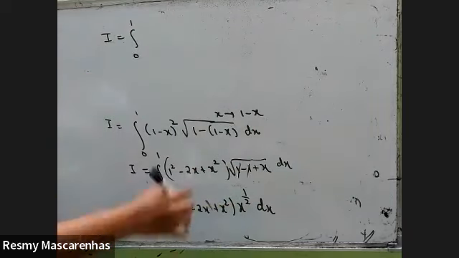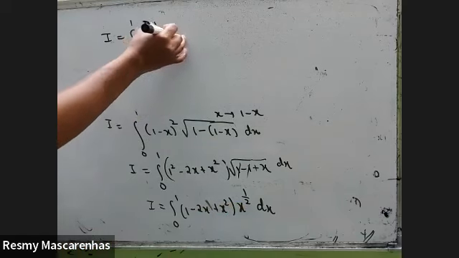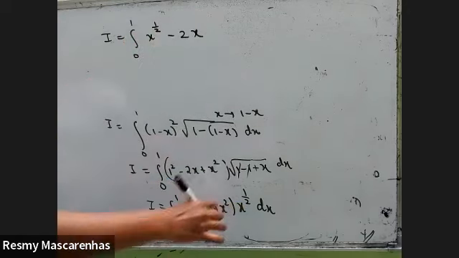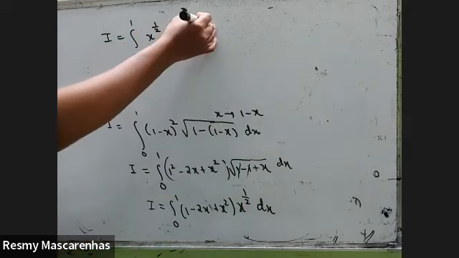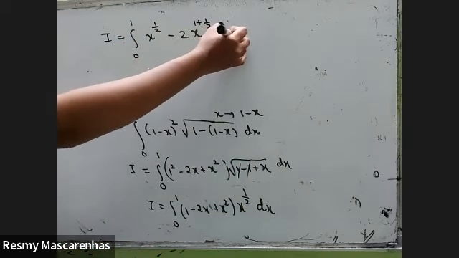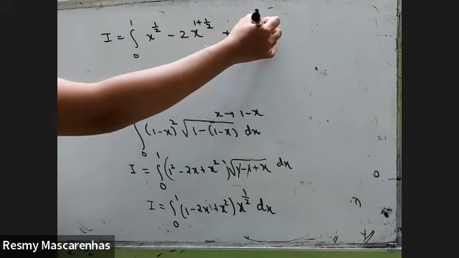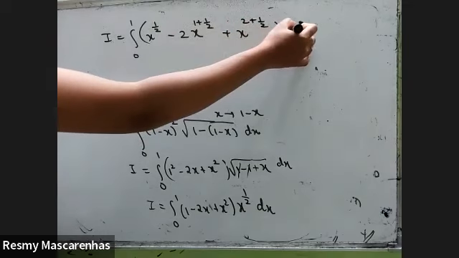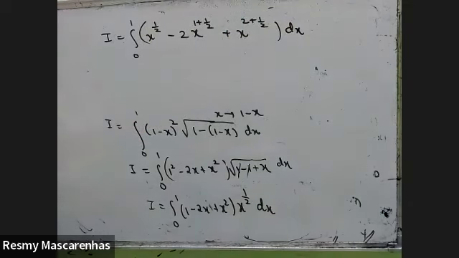Multiply it inside. So this will be x raised to half, x raised to this into this will be 1 plus half. Powers always get added when you multiply.